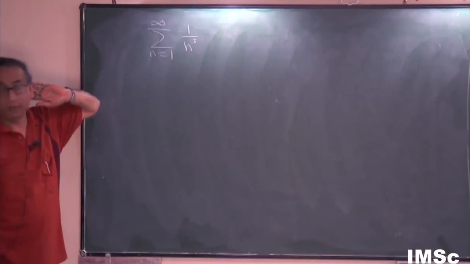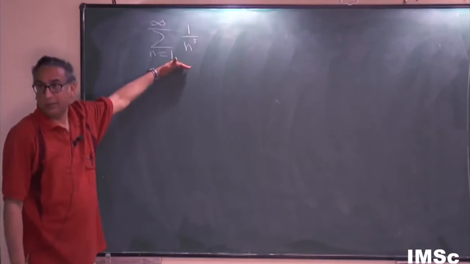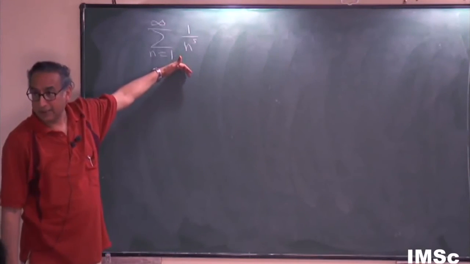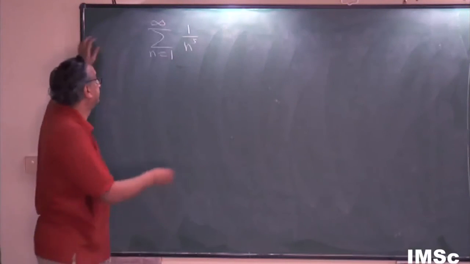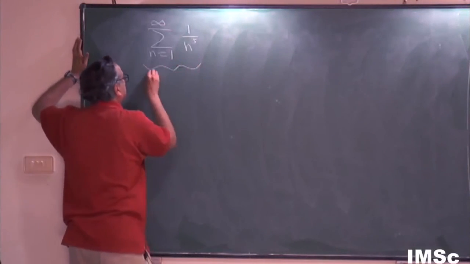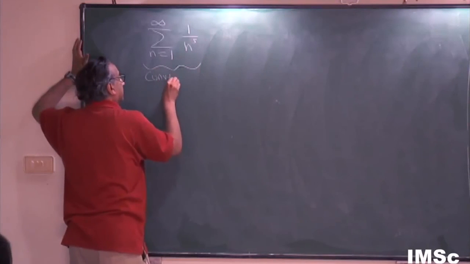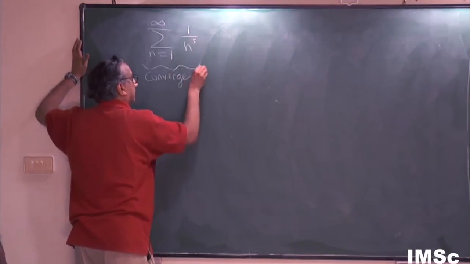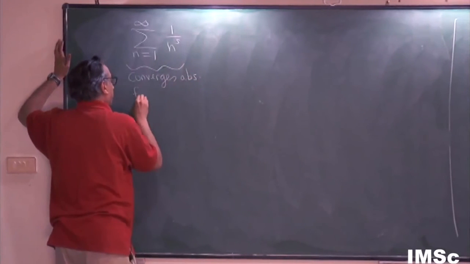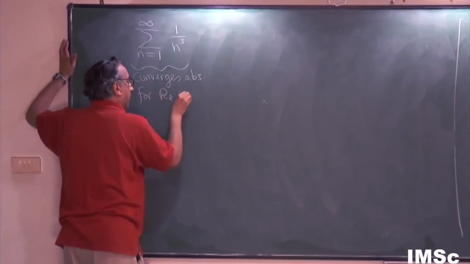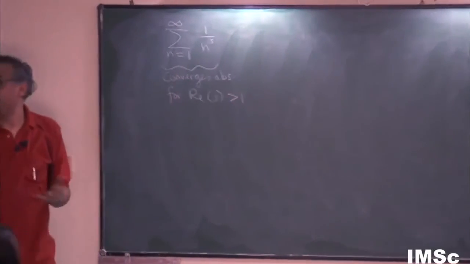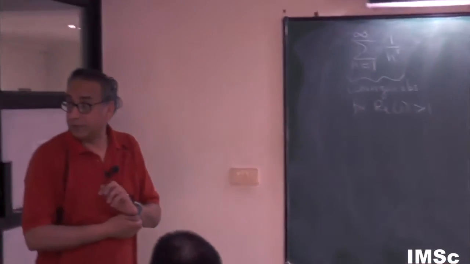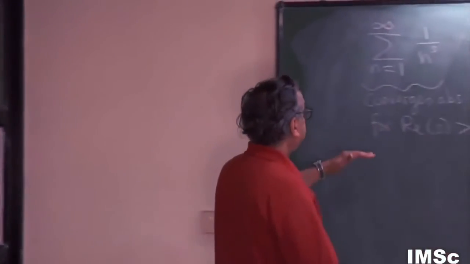This series. Now, as you all know, by the integral test, this series converges absolutely for real part s bigger than 1. Now, notice that I've shifted to complex variables. So, as a function of a complex variable, this makes perfectly good sense in that region.